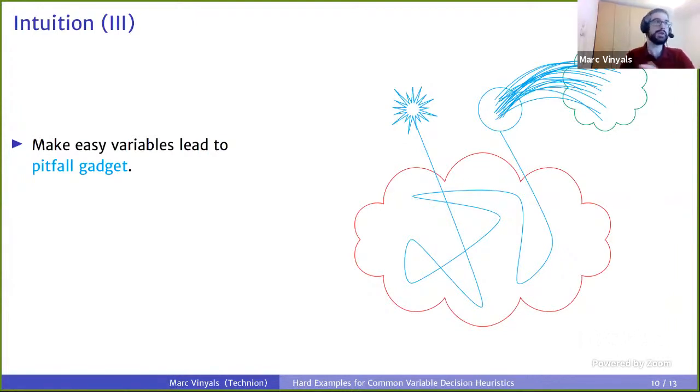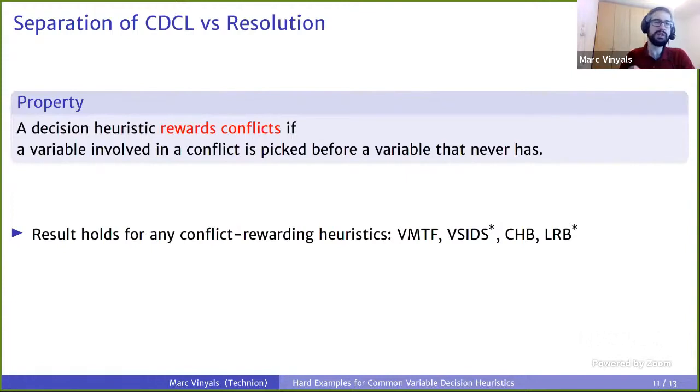Now, the only thing that we used about the heuristic was really this property that a variable that's been in a conflict will always be picked before a variable that has never been in a conflict. And this is a property that not only VSIDS has, but most of the heuristics currently in use have this property.